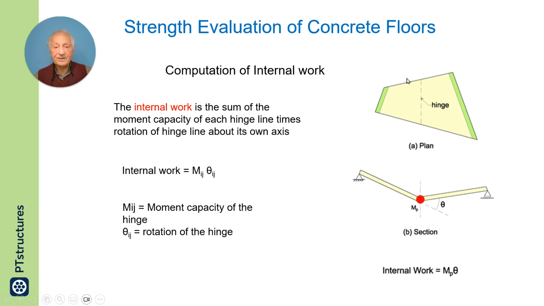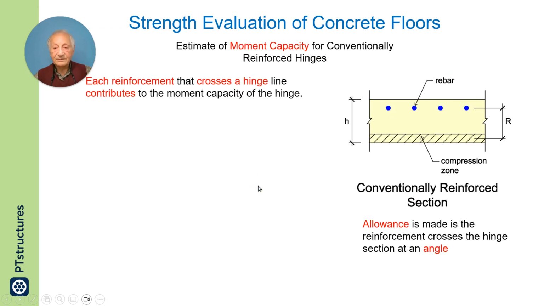Now let us look at this example. For the internal work, you have the plastic moment of each of the hinges, in this case this hinge, times its rotation. Now I'm going one step beyond into the nuts and bolts of calculation.